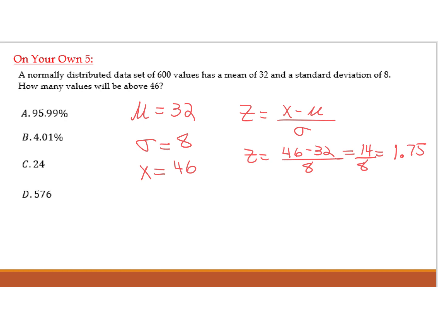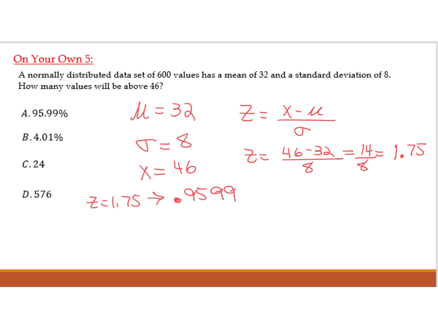And when I divide that, I get 1.75. So I'm going to go to my table and look up 1.75. And when I do that, I find 0.9599. Right, so from my table, a z-score of 1.75 is 0.9599.